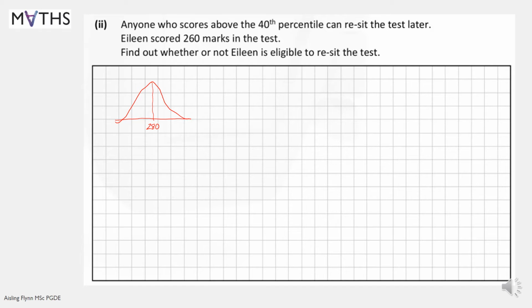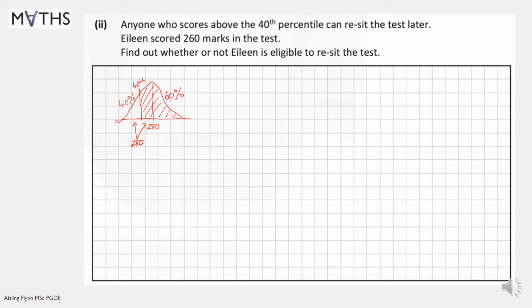What we have to find out is, is her score more than the 40th percentile mark? And therefore is she in the top 60%? So this would be 40% below and 60% above, and her score is 260. Is it in the 60% or is it in the 40%?